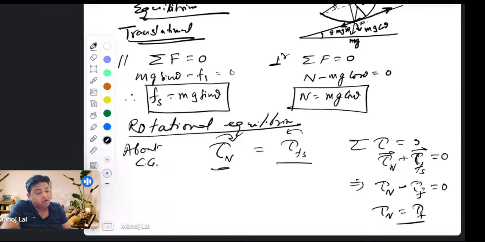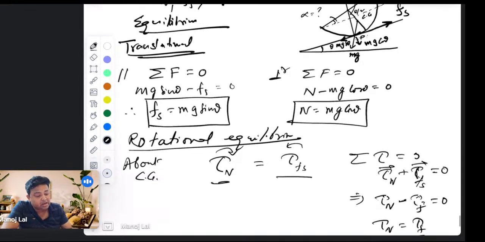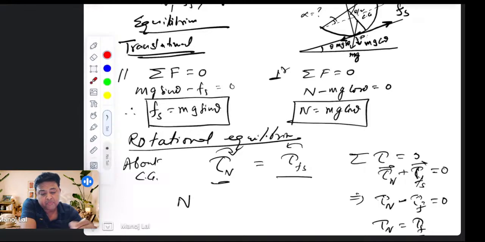So what is the torque of the normal force? It is the normal force multiplied by the perpendicular distance from CG.